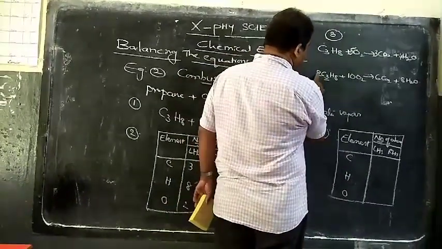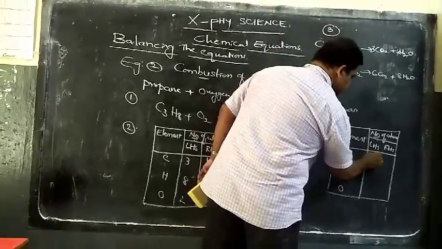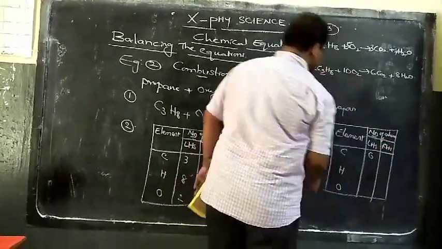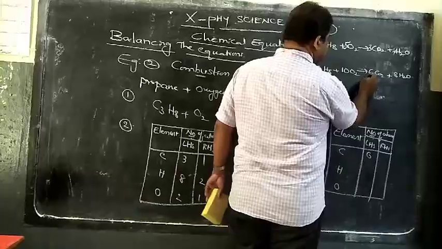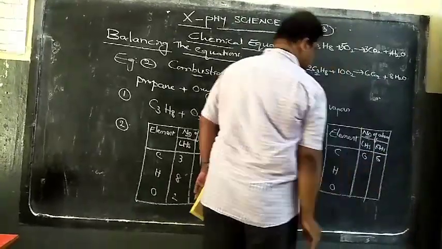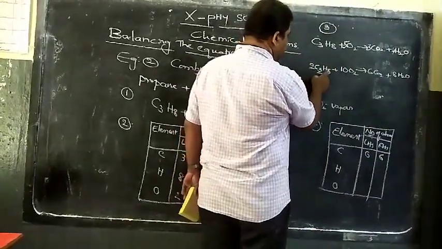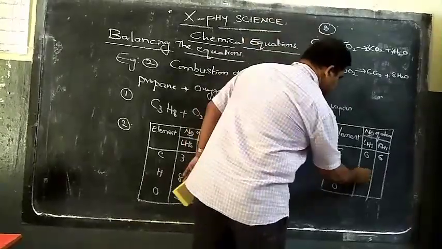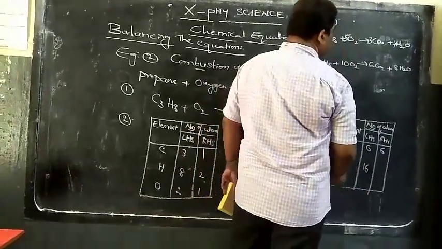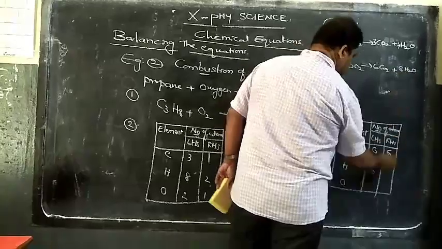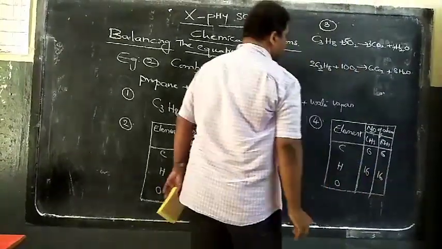Left hand side, how many carbons are there? 2 3s are 6. Right side, 6 into C, 6 carbon atoms. Left side, 2 8s are 16 hydrogen atoms. Right side, 8 2s are 16 hydrogen atoms.